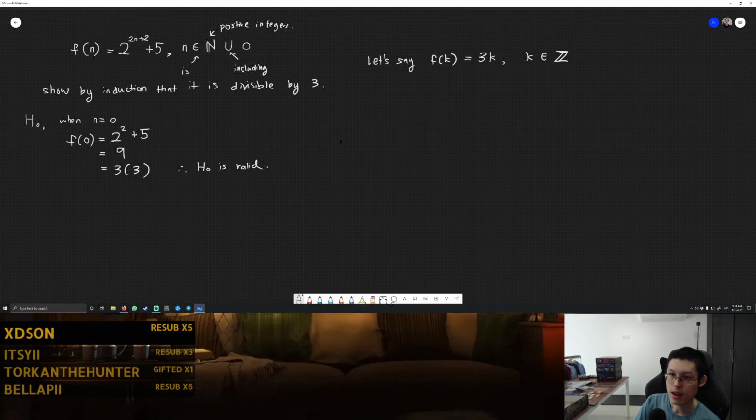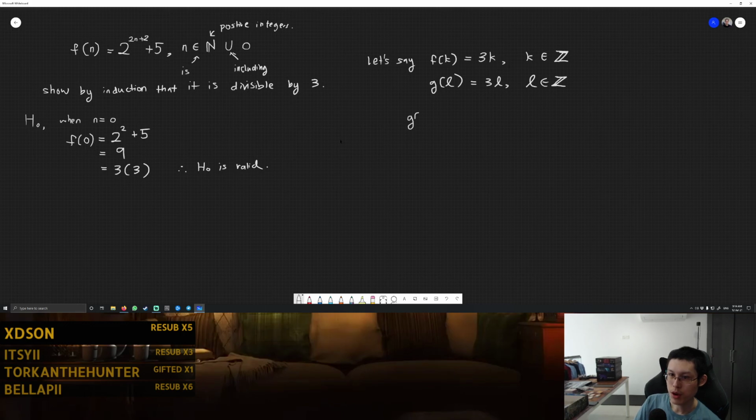Let's say we have another function, say g(l). So this is 3l, where l is another integer. The point here is we have two different functions and they are both multiples of 3, which means they are both divisible by 3.